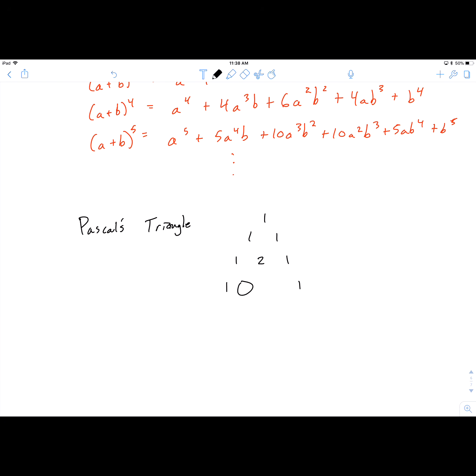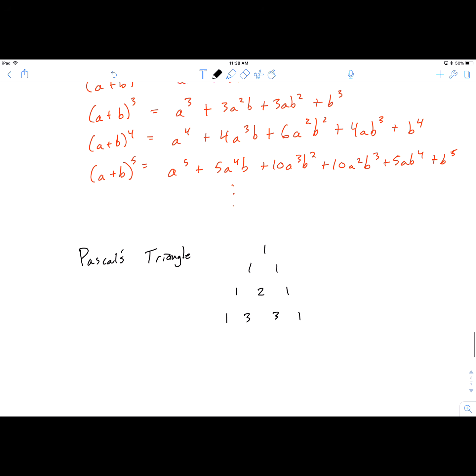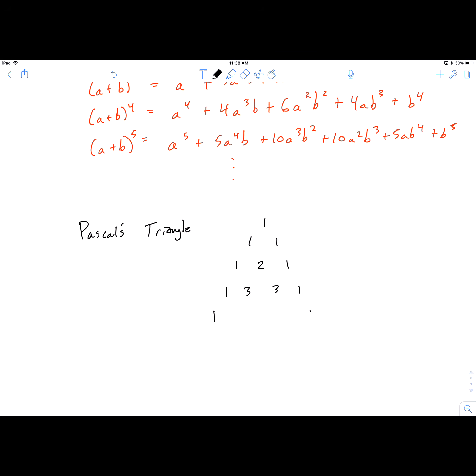This number here would take the 2 and the 1, added together, to make 3, and then the same thing on the other side. Notice that those are the coefficients right here, 1, 3, 3, and 1. The next row again has 1s on the outside, then it's 4, 6, 4, and again that looks like the expansion of (a + b) to the fourth. And you keep on going and this pattern continues.